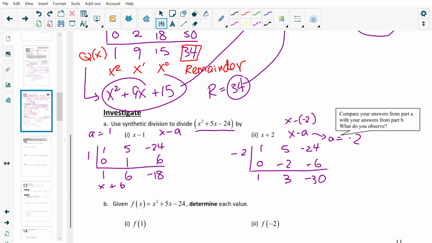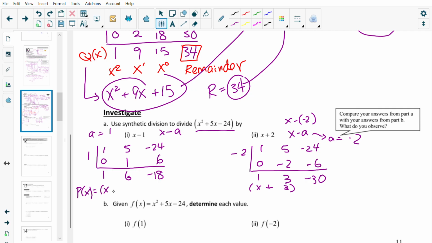So this is x plus 6, and this is x plus 3, our quotient. So p of x equals x plus 6. Let me just rewrite this again with a little more room. Sorry, folks.